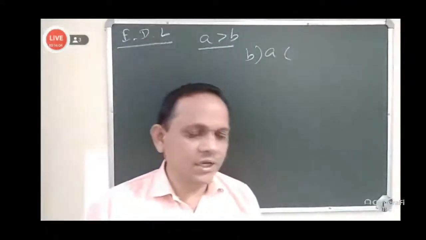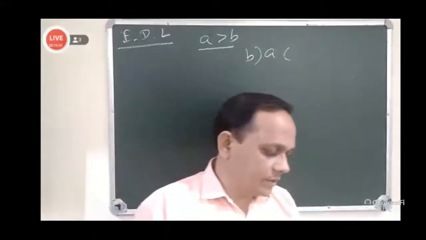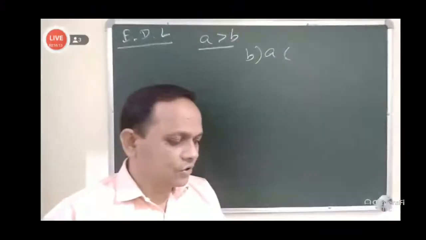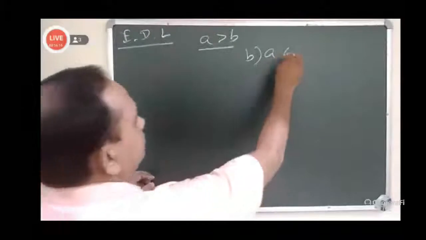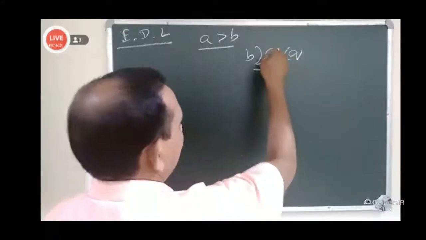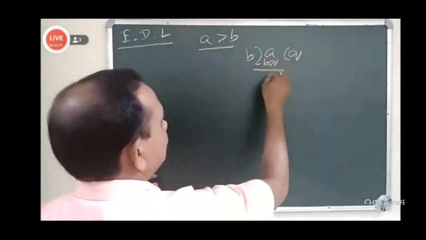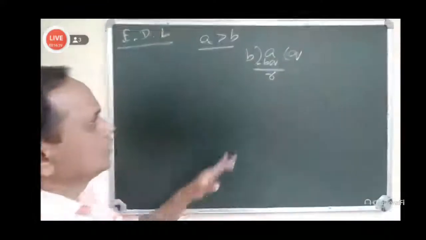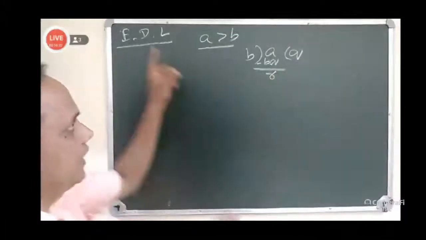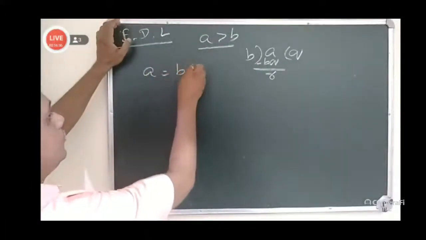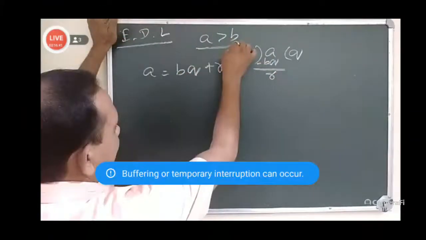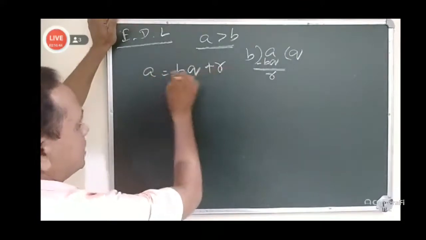For any given positive integers A and B, where A is greater than B, there exist unique integers Q and R satisfying A equals BQ plus R. When we subtract BQ from A, we get the remainder R.